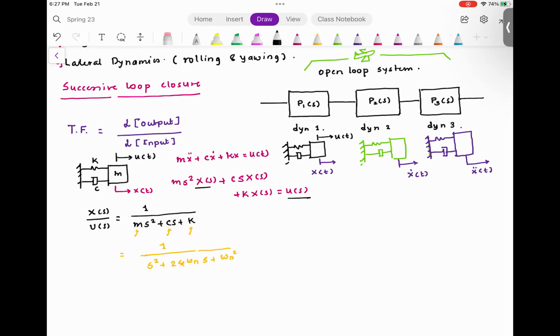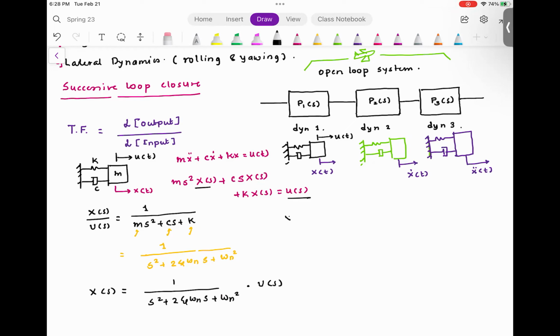Now, what would happen if my output is velocity instead of displacement? What if my output is velocity? Do you agree with me? I have this equation. X of s is equal to this guy, and please understand this because this is very important. 1 over s square plus 2 zeta omega n s plus omega n square multiplied by U of s.